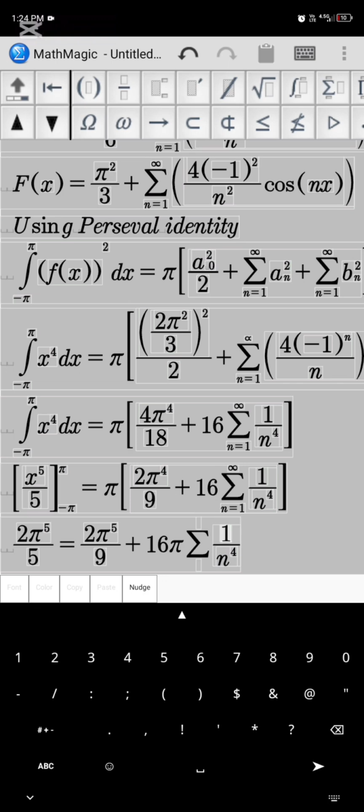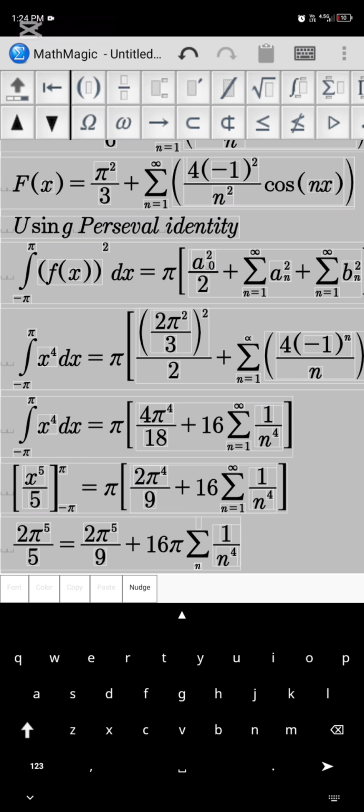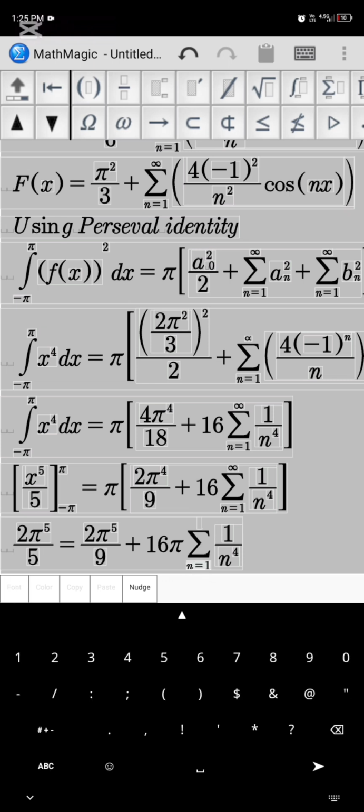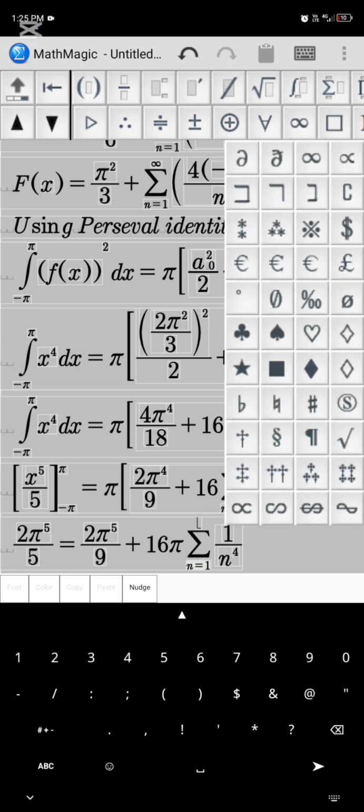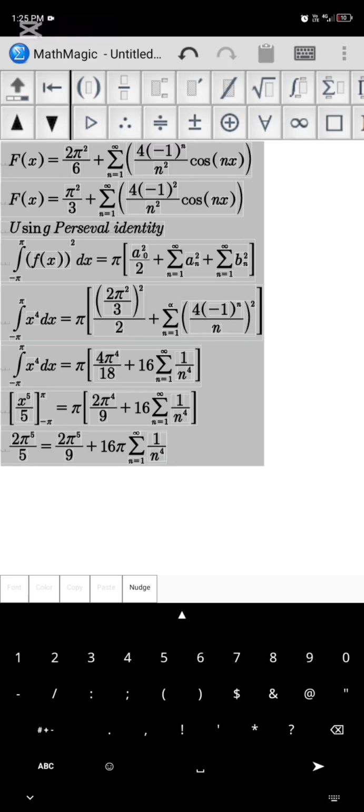Then don't forget the limit is starting from 1 to infinity, and that is where it ends.